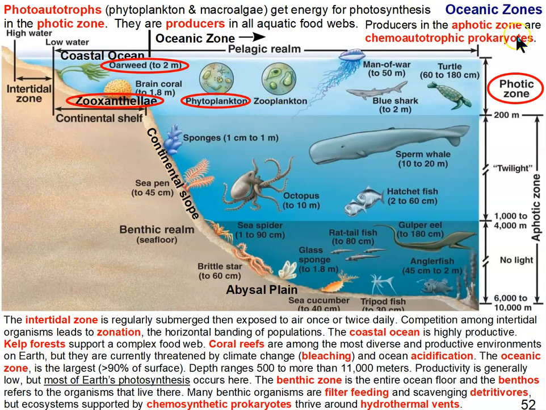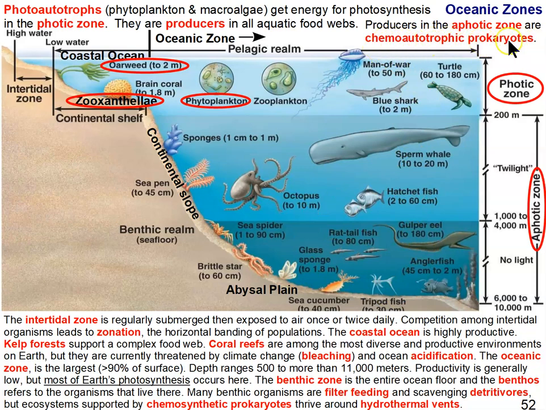We also are looking at the aphotic zone here. That's most of the volume of the ocean. It's only down to 200 meters near the surface that light penetrates. Below that, it gets dimmer and dimmer until there's no light at all down at the bottom. The only producers that can survive down there with no light would be the chemoautotrophs, if you'll recall.